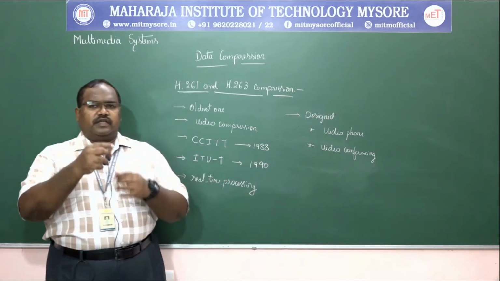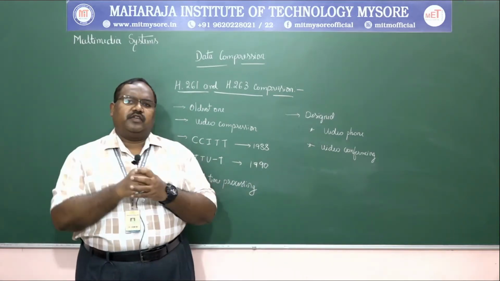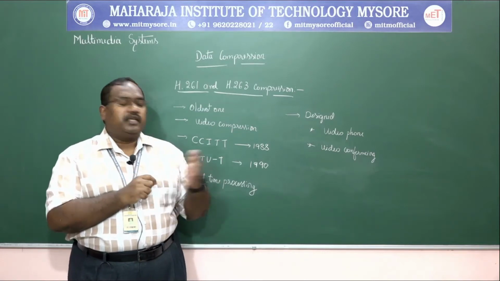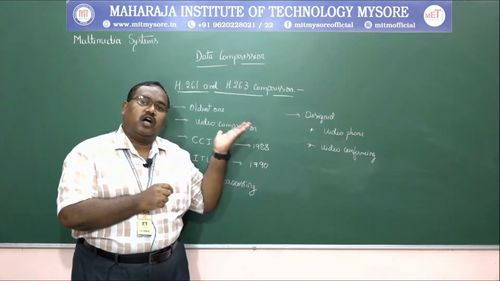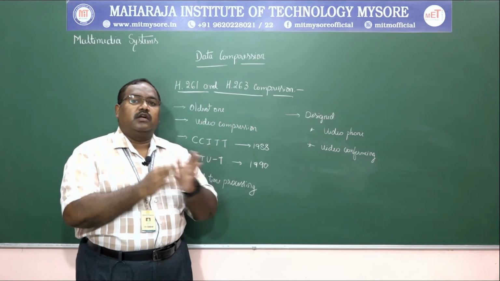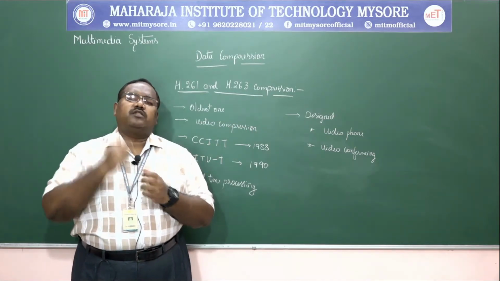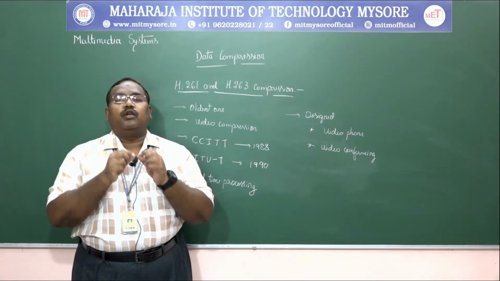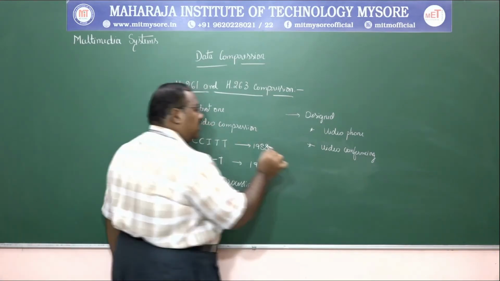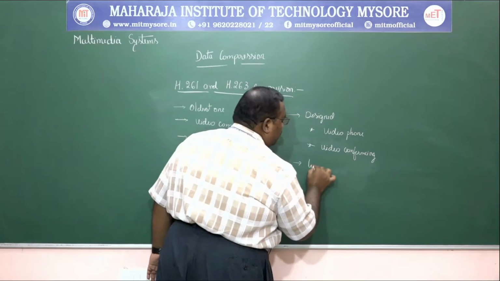This is audio visual service, we don't call it only an audio service. Here this technology accomplishes compression for both audio as well as video. So these audio visual services are used with low bit rate. This is the key point with this technology.